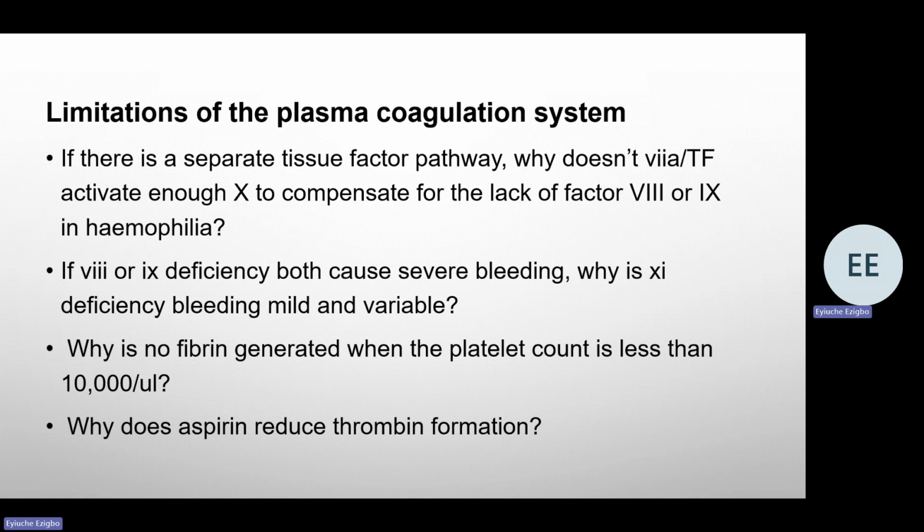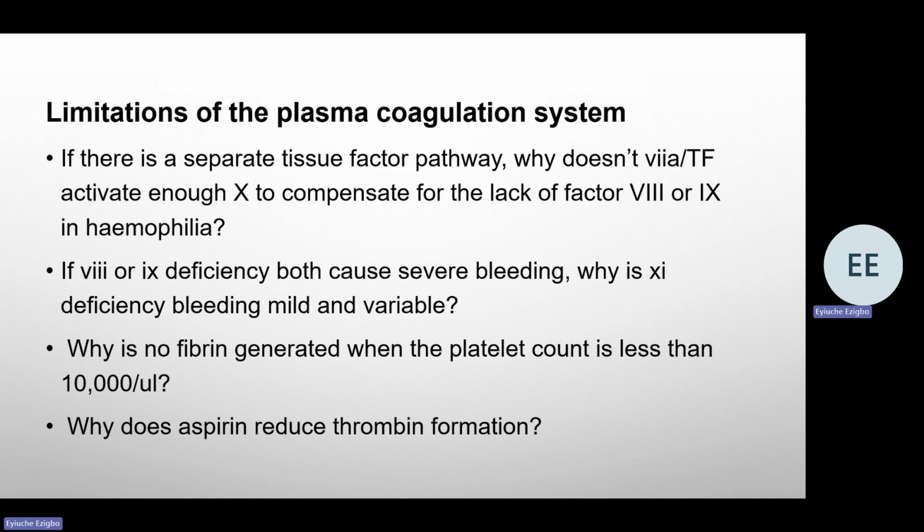Because the plasma-based coagulation system puts the coagulation cascade as extrinsic and intrinsic pathways, the question is this: if there is a separate tissue factor pathway, why doesn't factor 7 and tissue factor activate enough factor 10 to compensate for lack of factor 8 or factor 9 in hemophilia? Factor 8 and factor 9 hemophilia come from the intrinsic pathway of the coagulation system.